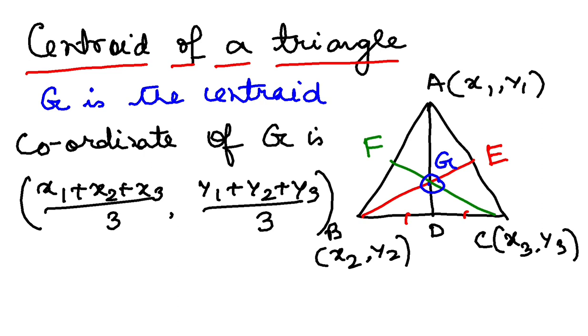Obviously x1, x2, x3 are the x coordinates of ABC, and y1, y2, y3 are the y coordinates of ABC. So this is how you can find the centroid of a triangle provided you are given 3 points. So this much you need to know about section formula. With the help of these concepts, we can start solving some questions. In the next video, we shall be discussing those questions.